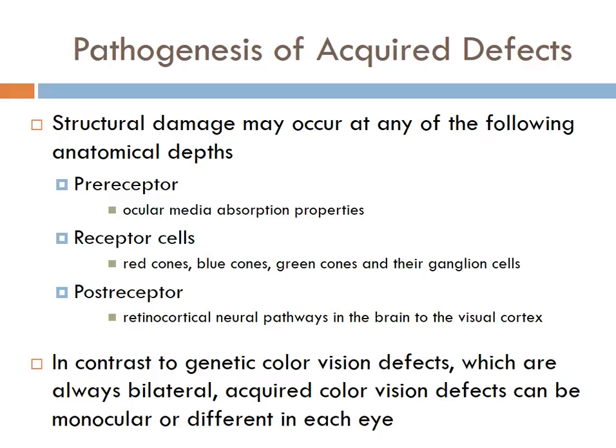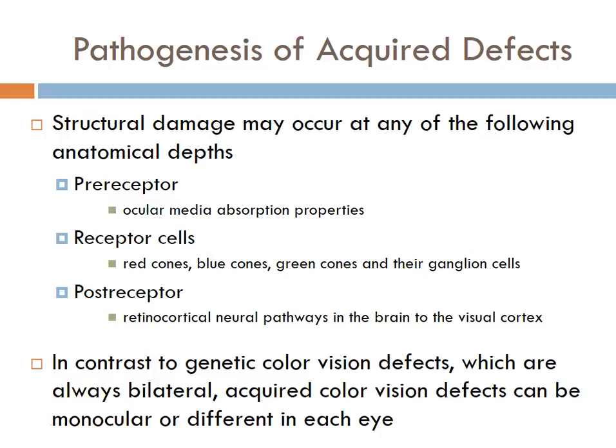The third thing, postreceptor, retinal cortical neural pathways in the brain. There's multiple studies and plenty of evidence that shows that you can have damage in the pathways in the lateral geniculate nucleus. Glaucoma and other conditions, diabetes, can damage the brain and these structures. And I've just shown you that these structures are responsible for transmitting the chromatic information. And so if the transmission lines are messed up, well, the information is not going to get to the brain. The color vision will be abnormal.